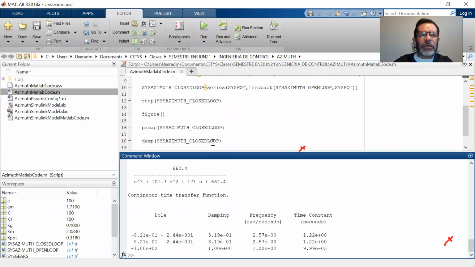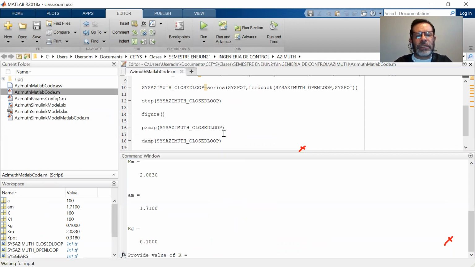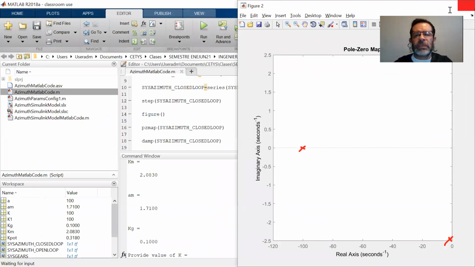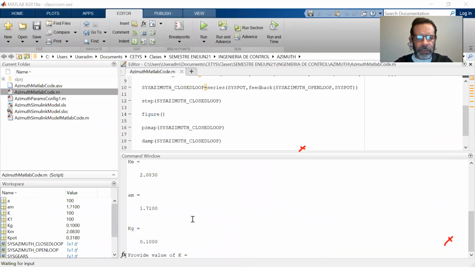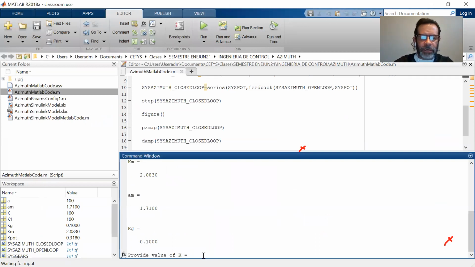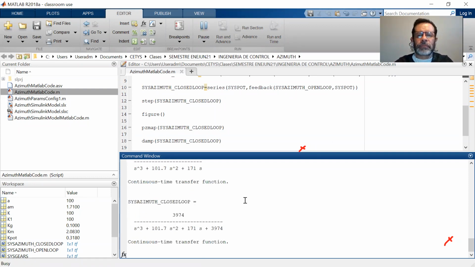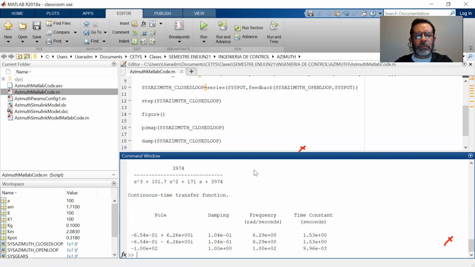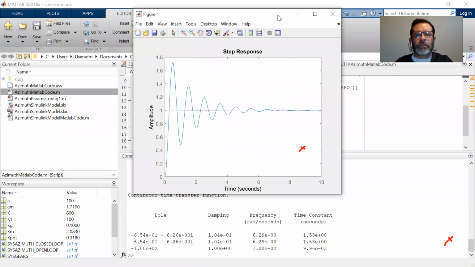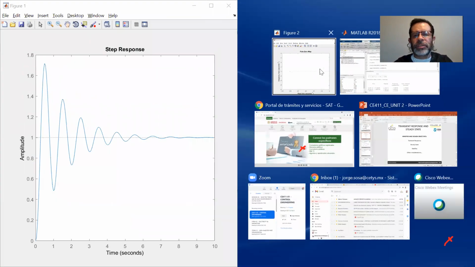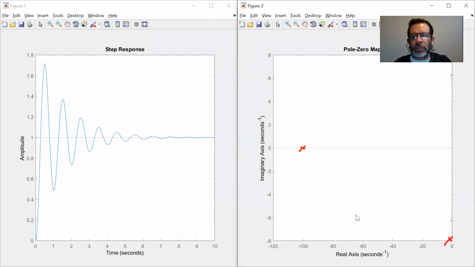So let's see if we can modify that. Let's give it another value. Let's say we give it a value of 600. Okay, now we've got a quicker response that has some oscillation.